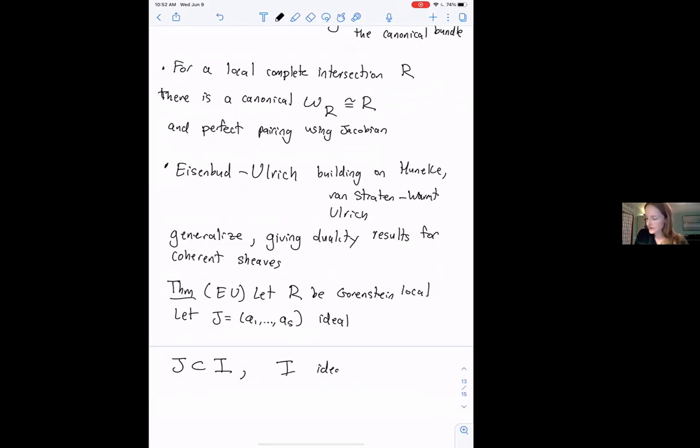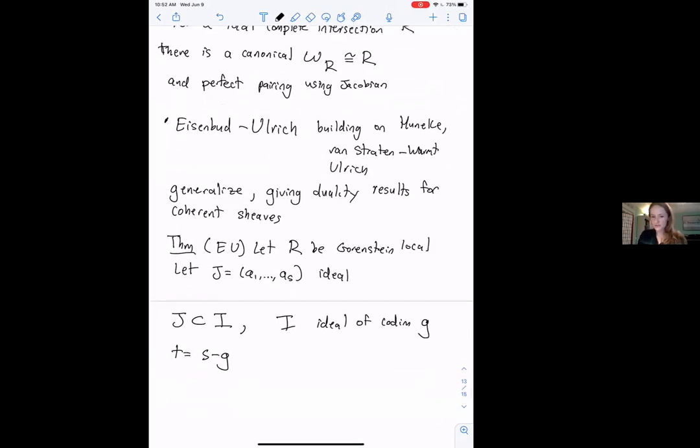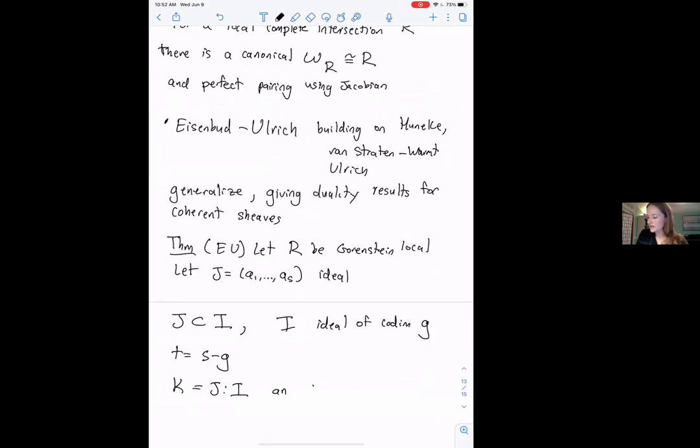So I is an ideal of codimension G. And we'd expect G to be S, but it might not be, and we'll set T to be S minus G. And we'll suppose that once you take out this excess component, you have a dimension S piece. We call that an S residual.